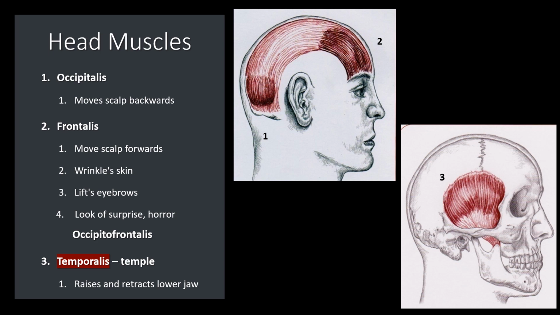Now, because of that unusual and maybe difficult thing to remember, ITEC do ask you about which muscle on the head or face moves, raises and retracts the lower jaw. So retraction is pulling it back and raising it. So that's the occipitalis, frontalis, and temporalis.